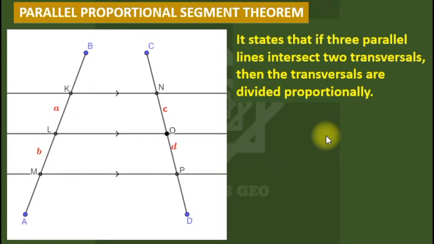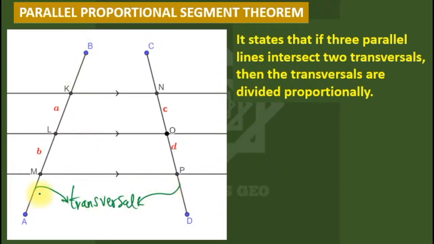In this section we'll talk about the parallel proportional segment theorem. It states that if 3 parallel lines intersect 2 transversals, then the transversals are divided proportionally. Can you see the 3 parallel lines and they intersect the transversals?